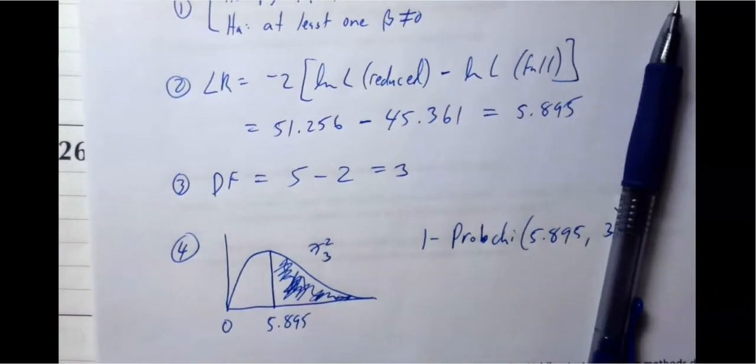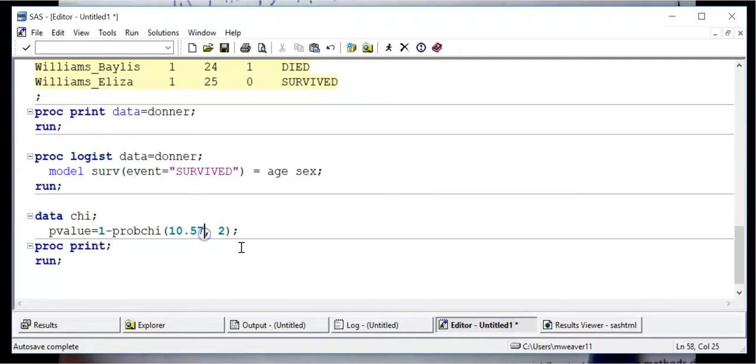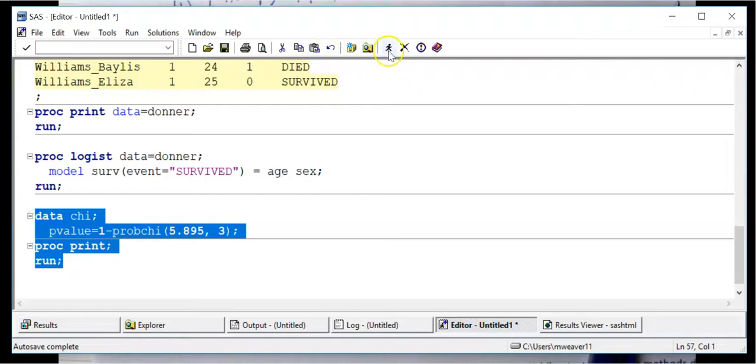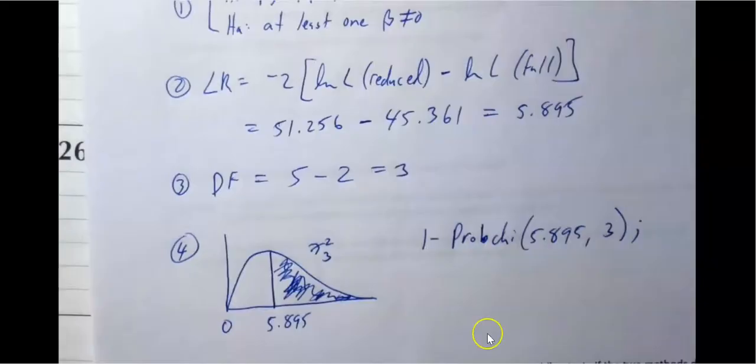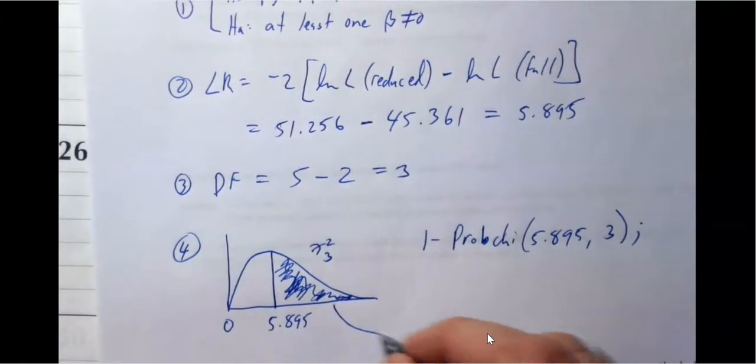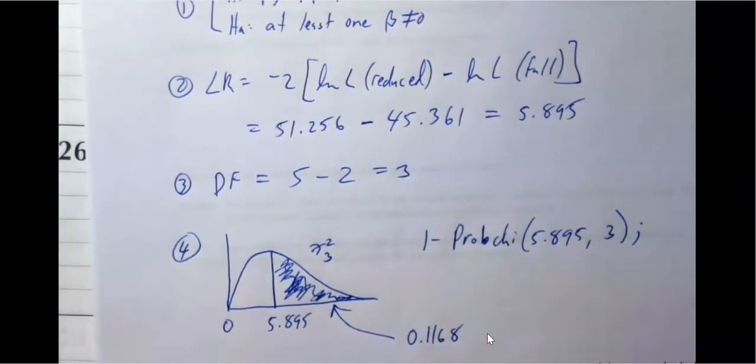I already have my code in here, so I'm just going to use the same code and change this to 5.895 with 3 degrees of freedom. 0.1168. So this area that I just calculated is 0.1168.